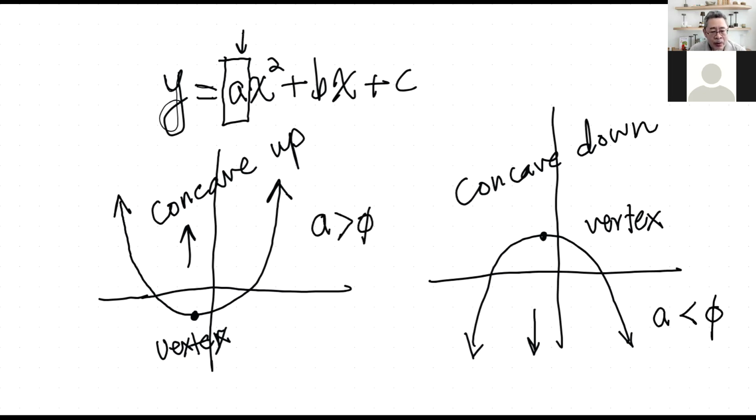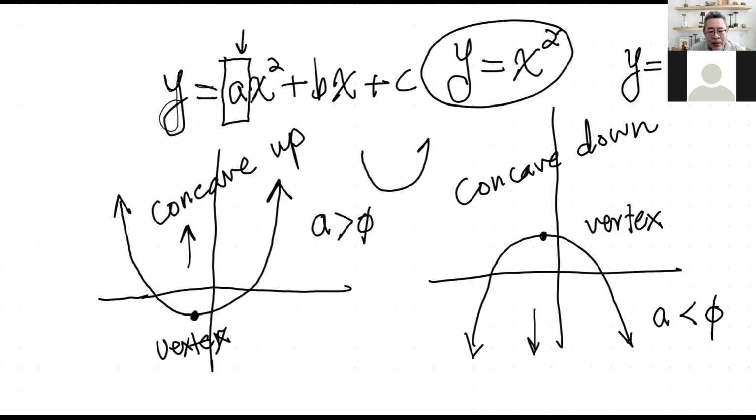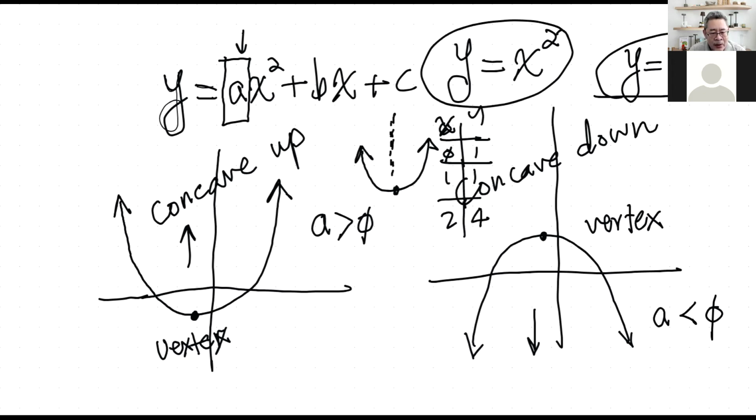Now, if you're not quite sure, you can always try the function y equals x squared, and another function, y equals negative x squared. If you graph these, you basically get some points. For example, for y equals x squared, 0 gives 0, 1 gives 1, then 2 gives 4, and 0 is our axis of symmetry.